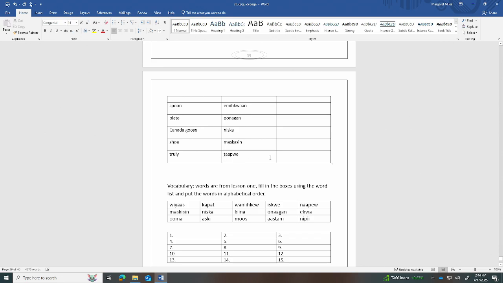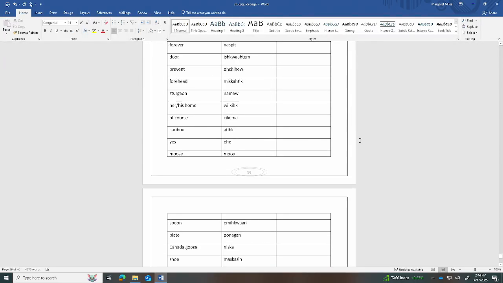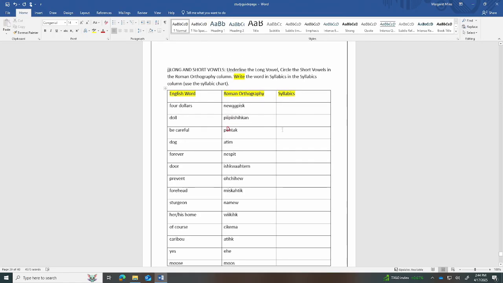Dabwe meaning truly. So with that assignment, you put the words into syllabics.